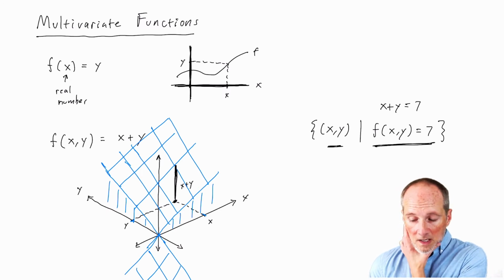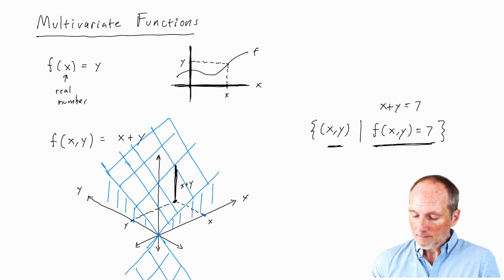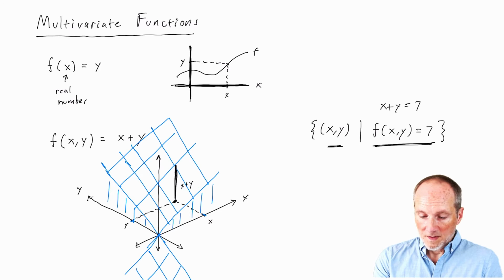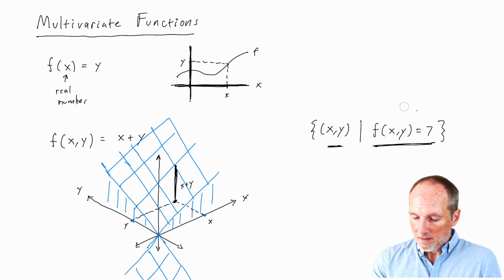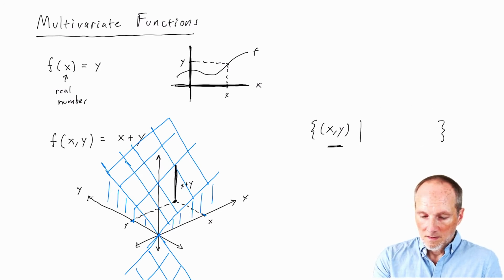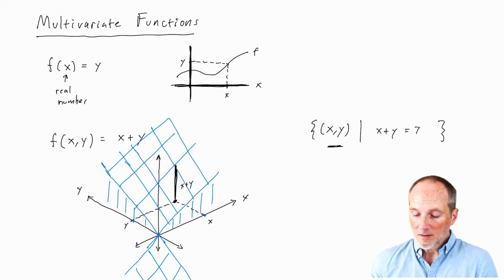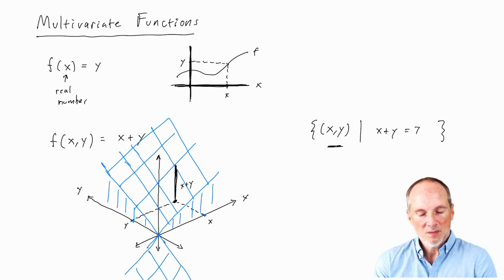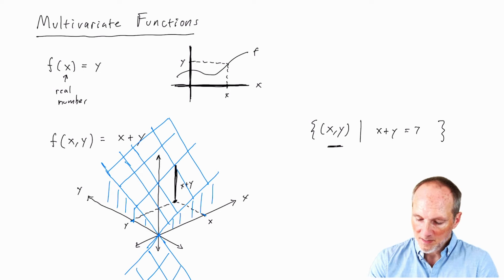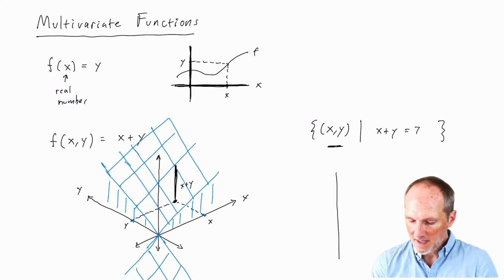Okay, so let me just put that in. Well, we can picture that as well. That set is going to belong, it's going to be in the Cartesian plane, right? So now I'm just going to draw my x and y axes.